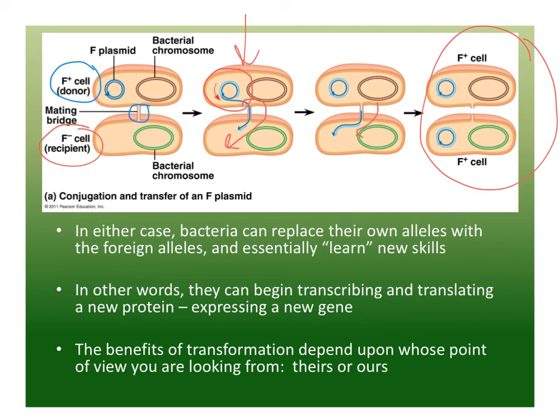Now, in either case, like it says here on the slide, bacteria can replace the alleles they have with new alleles. They can essentially learn new skills genetically. They can start to transcribe a new protein that they didn't have the instructions for before. This is wild because no other organisms can do this, right?